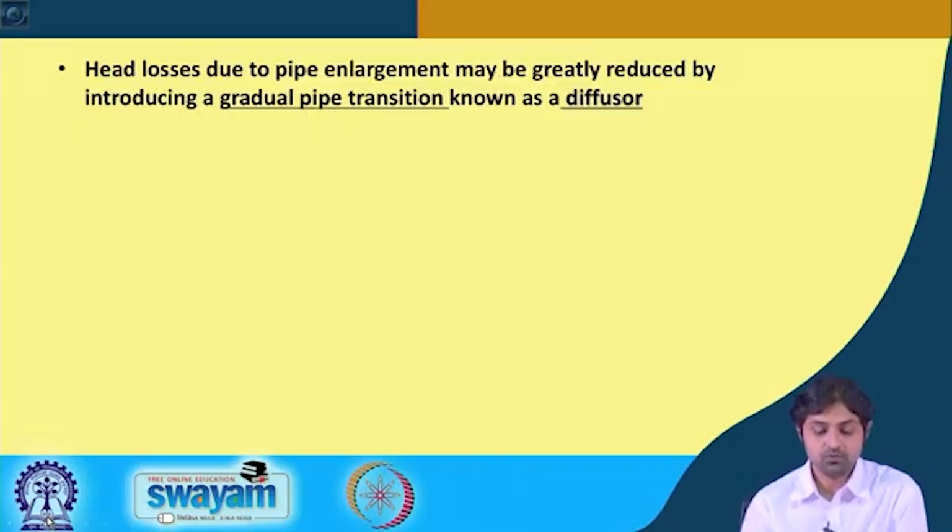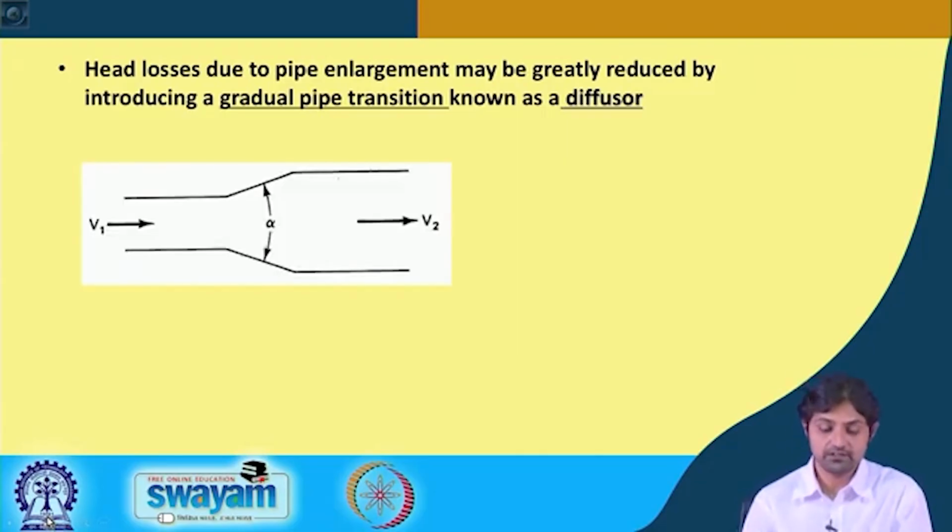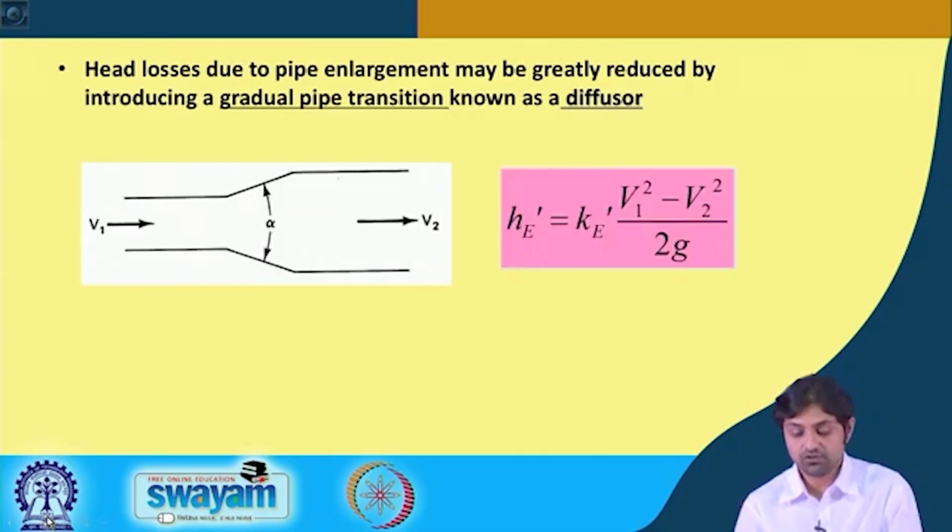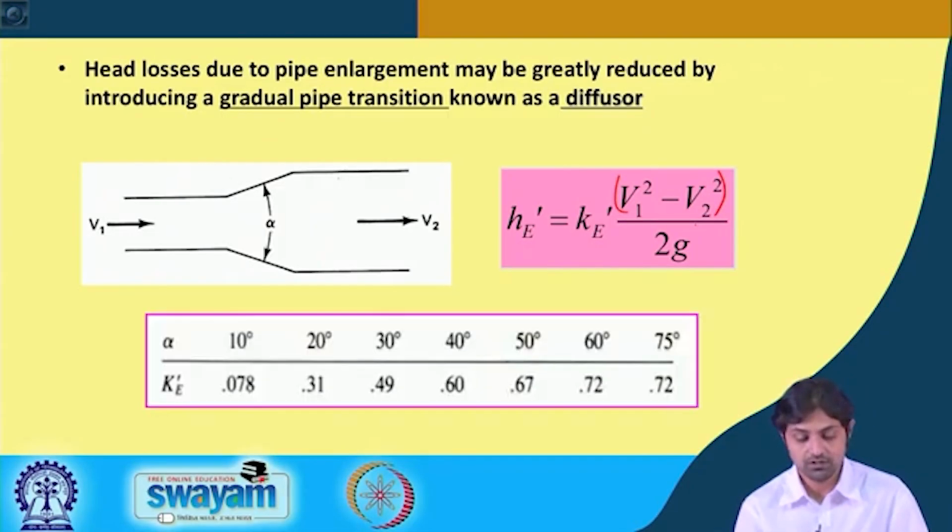Head losses due to pipe enlargement may be greatly reduced by introducing gradual pipe transitions known as diffusers. That was the confuser and this is the diffuser, something like this. In this case also we will have a formula for the head loss as Ke dash into V1 square minus V2 square by 2g, and Ke can be taken from this table.